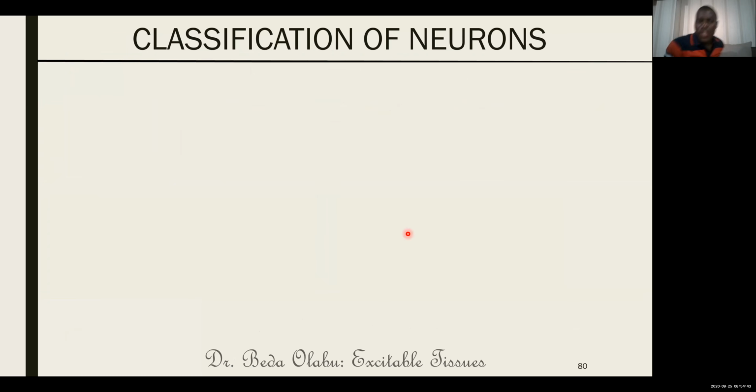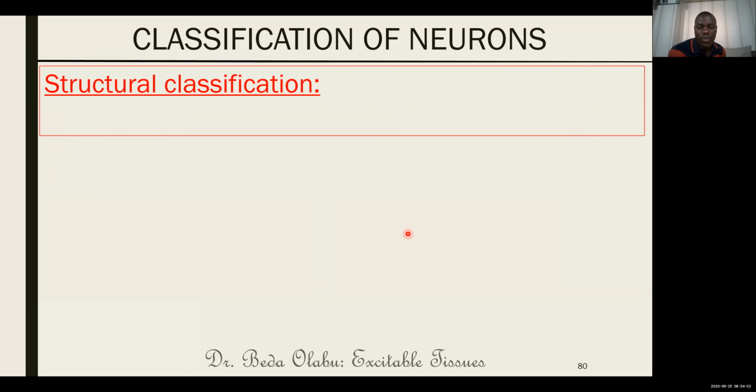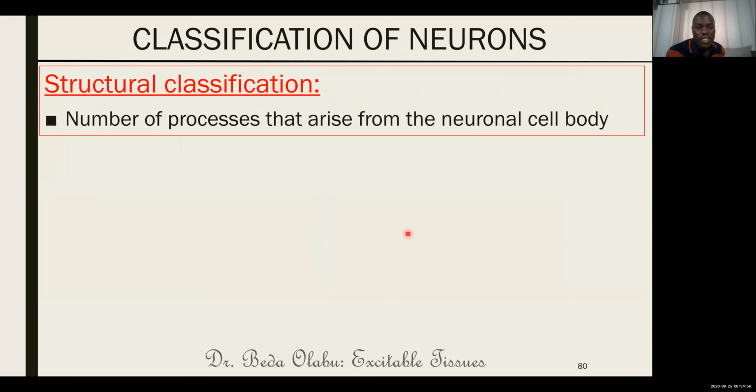How do we classify neurons? We classify neurons based on different concepts, but I'll teach you two. One of them is based on the structure of the neuron, so we call this the structural classification of neurons. Structurally, we classify neurons according to the number of processes that arise from the cell body.